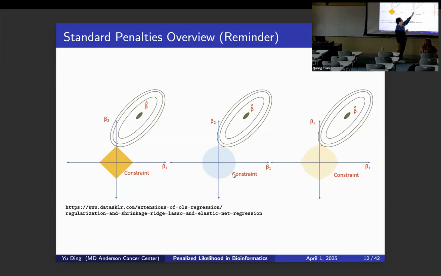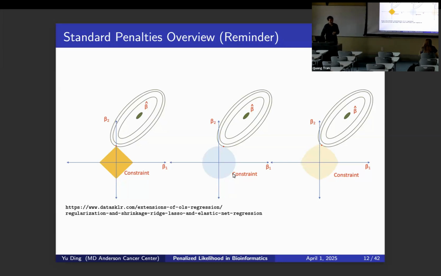We have a smaller value of the beta 1 and beta 2 estimation. So this is the dynamic effect coming from ridge regression. It will tend to shrink each beta estimation, but it will not make it 0.